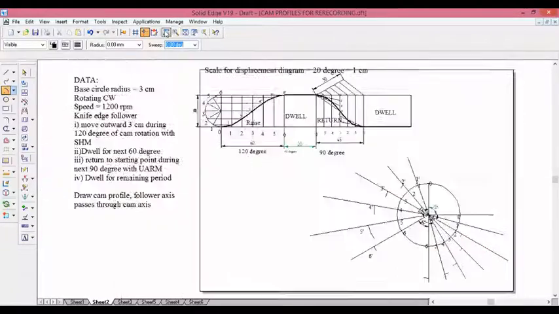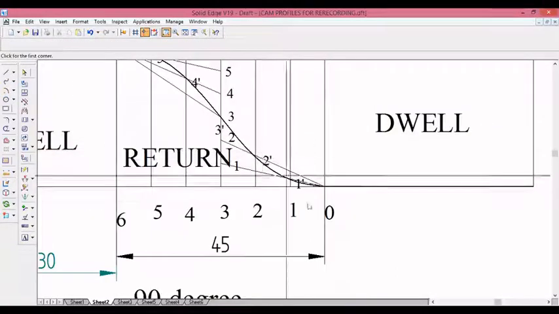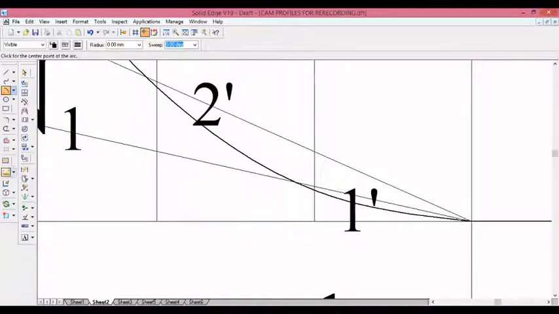And finally 1 to 1 dash. So take this measurement from 1 using compass, it has to come here.